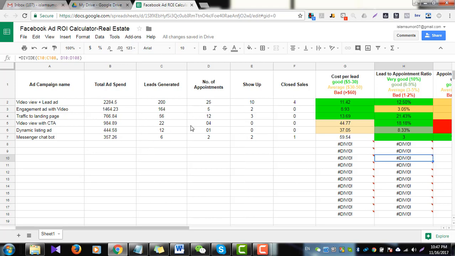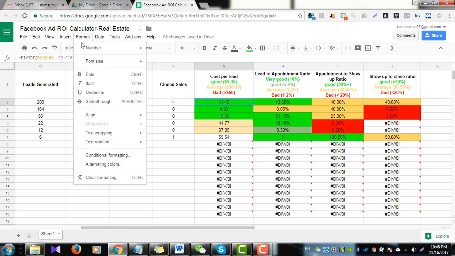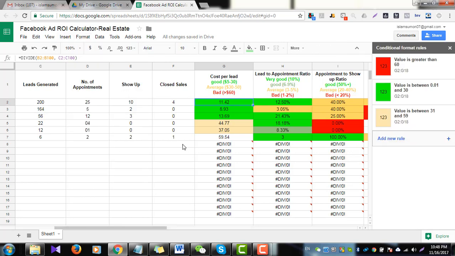Okay, now I'll show you how you can edit or change these metrics as per your need. For example, if for your industry, or if your preference is set, let's say you want good to be $5 to $30, you just come over here, go to the format, go to conditional formatting. So here you can see I wrote down the conditional format values.